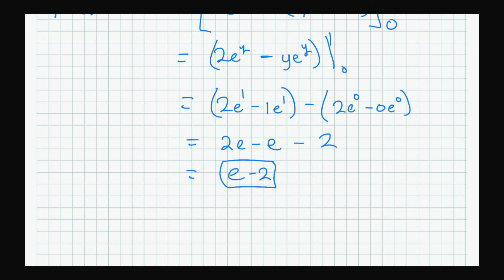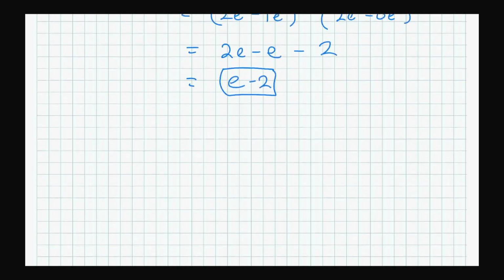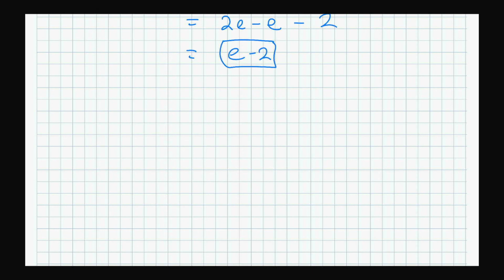Yikes. But what was the point? The point was the fact that the function was discontinuous at 0, 0 did not stop us from doing the integral. Switching the order had nothing to do with the fact that it was discontinuous.